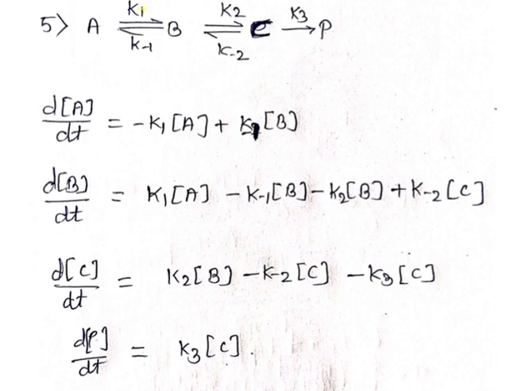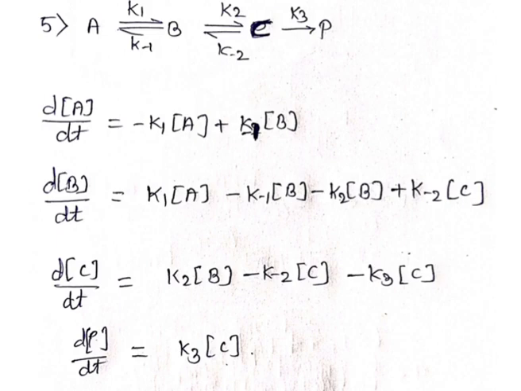K1 is the rate and the species which goes on decreasing to form B is A. So K1 into concentration of A minus, because B species is going to decrease to form A, so minus, decreasing rate is K-1 and species decreasing is B. That's why minus K-1 into concentration of B, minus, this B species is involved in the next step also, minus K2 into concentration of B.